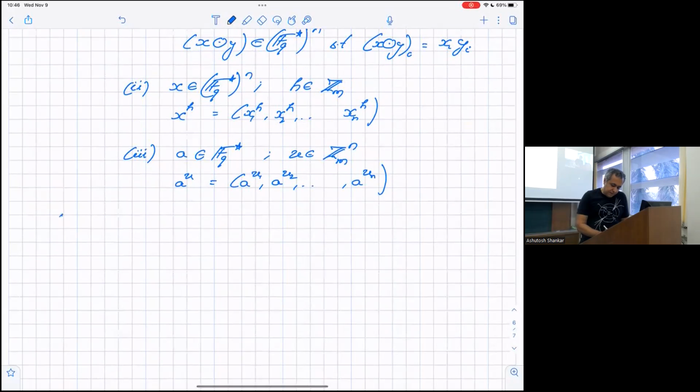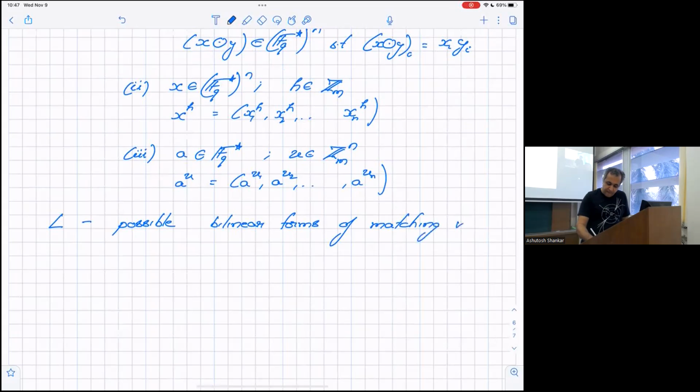Now, notice the matching vectors are giving something which happens in the exponent. Matching vectors U_i and V_i are happening in the exponent. So I would like to ask, given L is the set of possible answers of the matching vector, possible bilinear forms, I construct B, which is basically gamma.